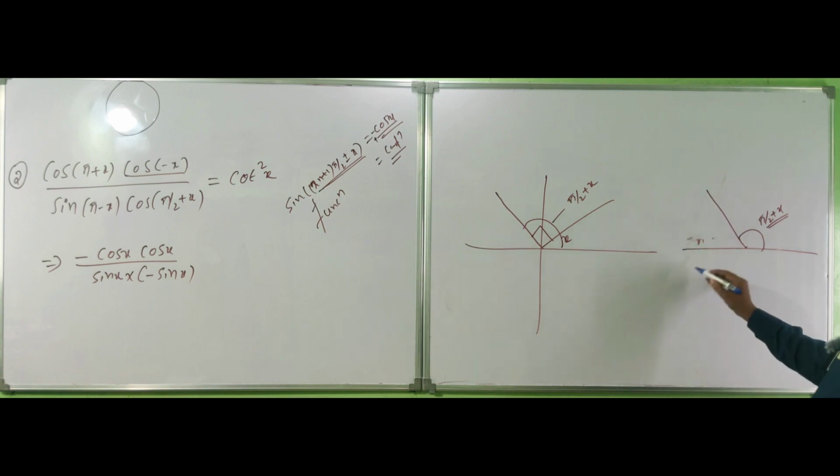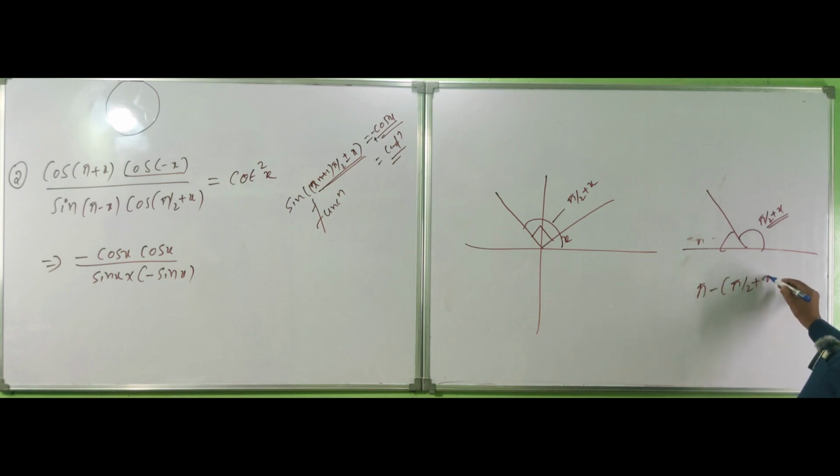This angle becomes pi minus pi by 2 plus x, that is pi minus pi by 2 minus x.